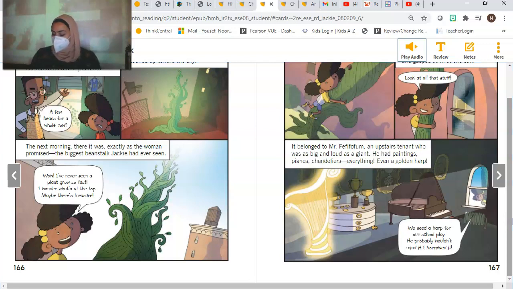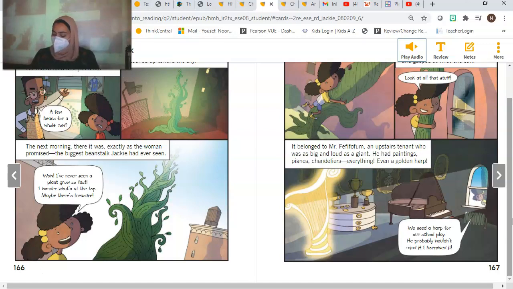How does Mr. Fee-Fi-Fo-Fum's name remind you of the giant in Jack and the Beanstalk? Raise your hand. How does he remind you of him, JC? Good, because the giant in Jack and the Beanstalk says Fee-Fi-Fo-Fum. Excellent job.